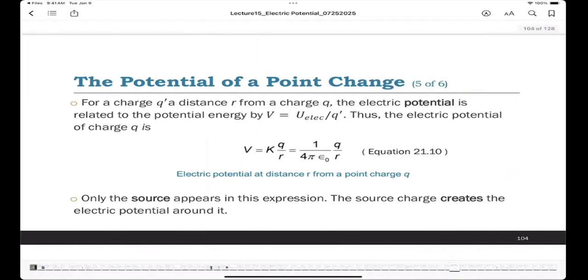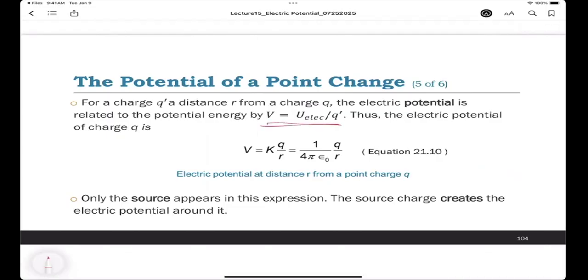Okay. For a charge Q dot at a distance r from a charge Q, the electric potential is related to the potential energy by this equation. We have already talked about this equation. Thus, the electric potential of charge Q is this, because U is equal to K Q Q dot over R. So here V equals K Q divided by R. Does that make sense to you?